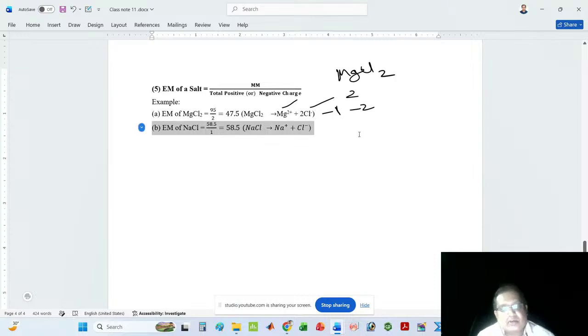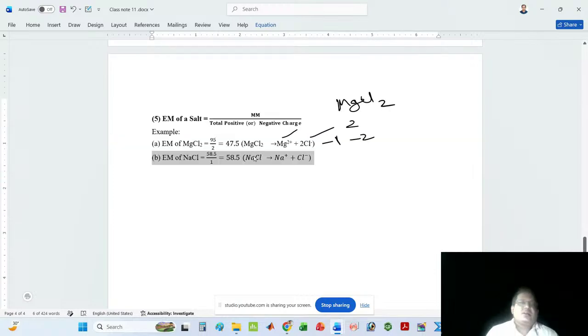The total positive charge is 1 and the total negative charge is also 1. So the equivalent mass of NaCl is 58.5, where 58.5 is the molecular mass of sodium chloride, divided by 1, which is equal to 58.5. In this way you can find the equivalent mass of a salt.